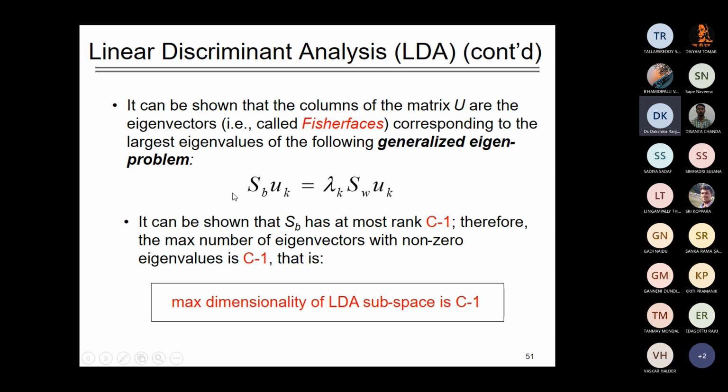Okay, so from this relation we can compute the eigenvalues and the corresponding criteria based on which we can classify the samples. That means the objective of linear discriminant analysis is to maximize the separability between classes.